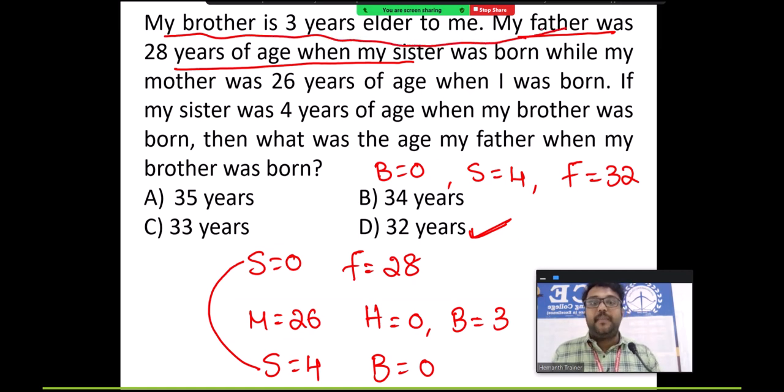When my age is 0, brother should be equal to 3. Still, we can link the entire family in one go. Sister, brother, yourself, father, all those we can link. Not many equations here. This is all purely about understanding the statements properly. What is the connection? When brother's age is 0, sister's age is 4. When sister's age is 0, father's age is 28. Then link that.